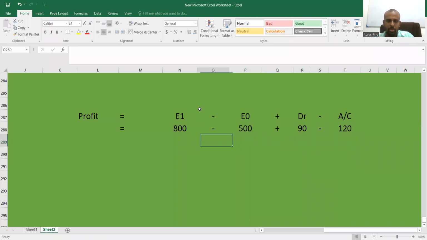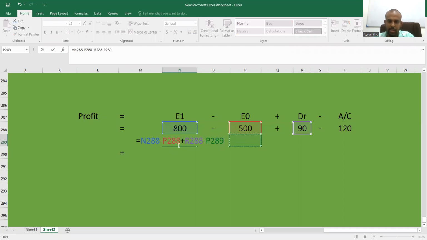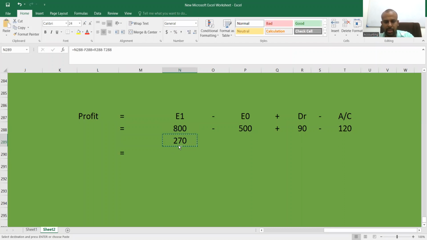How much is the profit for the period? You get the profit. Yes, you would say it's 270. We'll see. Closing equity 800 minus opening 500 plus drawings 90 minus 120, which is 270. Yes, your answer is correct, son. It's 270,000. Profit for the period, rupees 270.